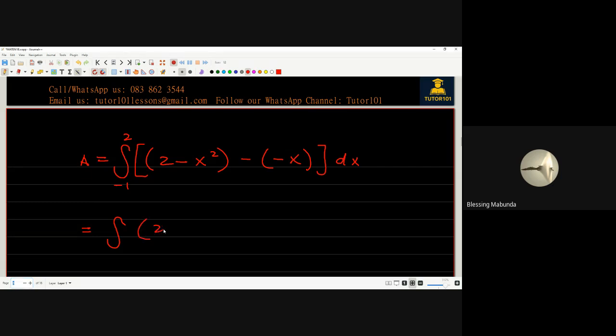And this is the integral of 2 minus x squared plus x dx, from minus 1 to 2.